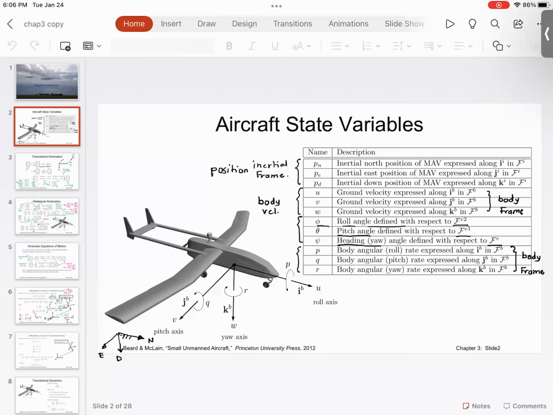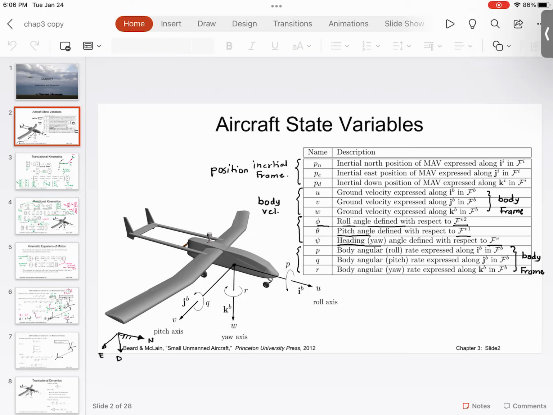So in the last class, we briefly talked about different states. Now, please try to understand, to describe the aircraft position, velocity, and attitude orientation, we have 12 states. The first 3 states are the position of the aircraft with respect to the fixed inertial frame.